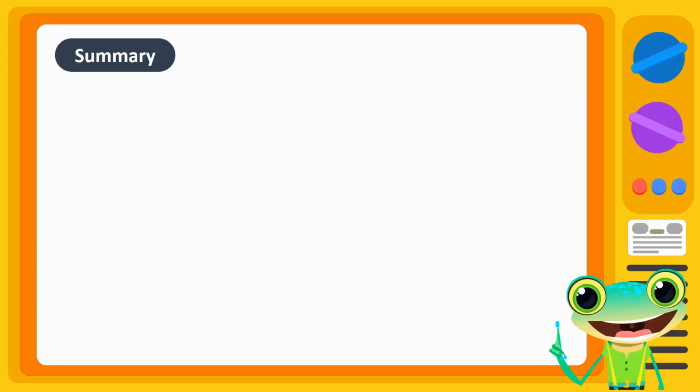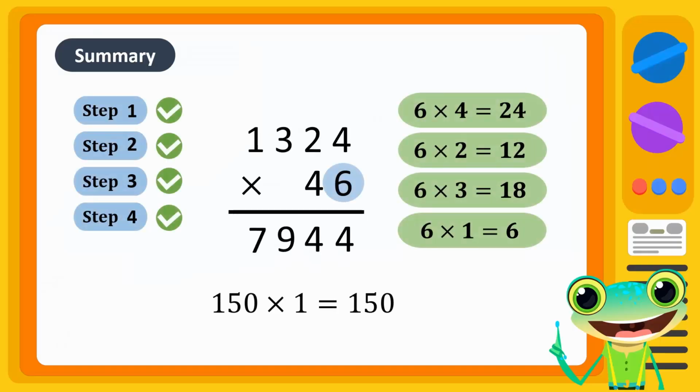In this video, we learnt about multiplication and the multiplicative identity. The basic idea behind multiplication is repeated addition. While multiplying two numbers, we take one digit of the bottom number and multiply it with each digit of the top number.